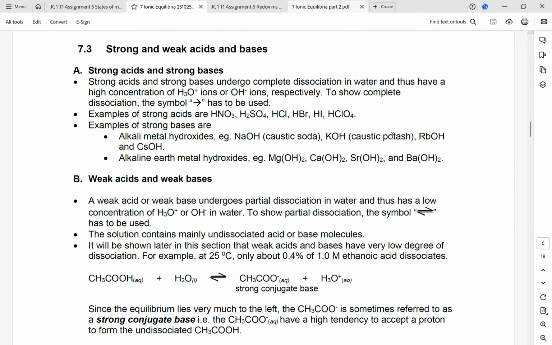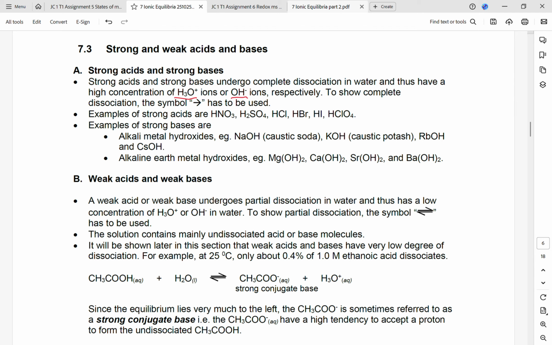Now page 6. We all know the definition of strong acid and strong base. They are acids and bases that dissociate completely in water. Because they dissociate completely in water, there is a high concentration of H3O plus ions, or what we normally say, H plus ions, it's the same thing, and OH minus ions in the solution, right?